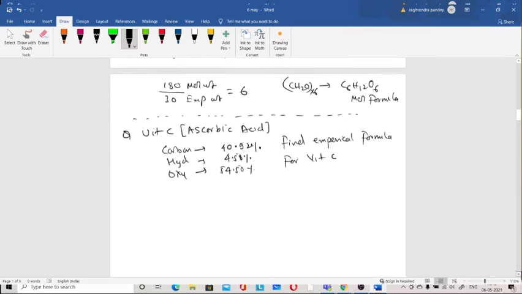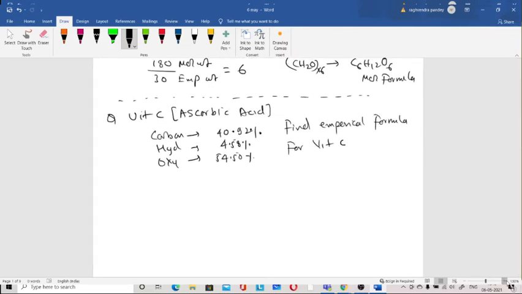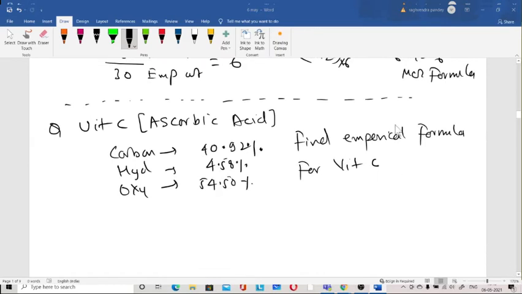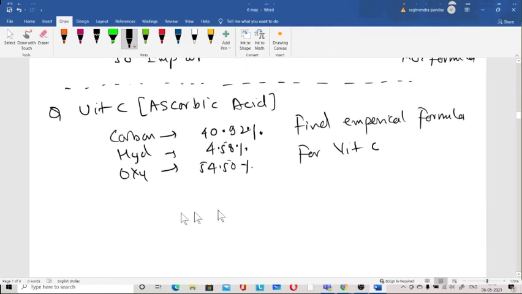For carbon, there is 40.92, so you can take 41 or something like that, but if you take 40.92, you can use a calculator, no problem.